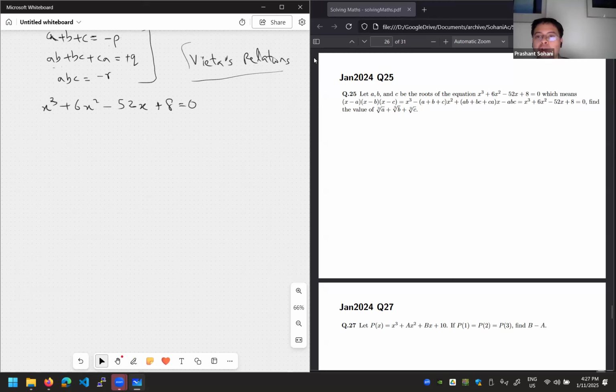But when I say something is a root of the equation, it means that A, B, C satisfy this equation, right? So instead of x, if I write a, then this equation is satisfied. And similarly for B and C. So all of A, B, C satisfy this equation. That is what we mean when we say A, B, C are the roots of this equation.